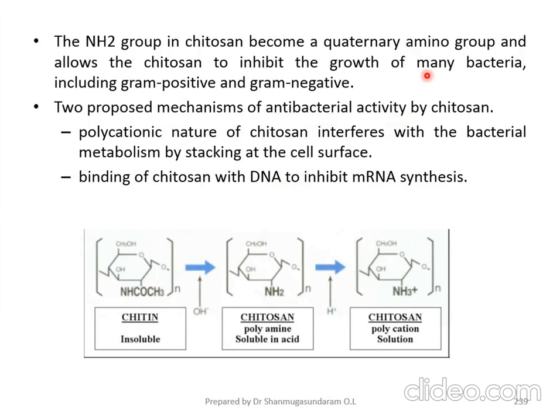It kills many bacteria, both gram positive and gram negative. That is the reason why this chitosan polymer is used in medical textiles, especially in healthcare and hygiene textiles. The first one is polycationic nature. The second one is that it binds with DNA and inhibits RNA synthesis. These are the two mechanisms proposed by the scientists, claiming that chitosan has antibacterial activity.